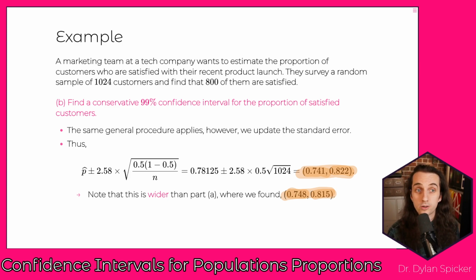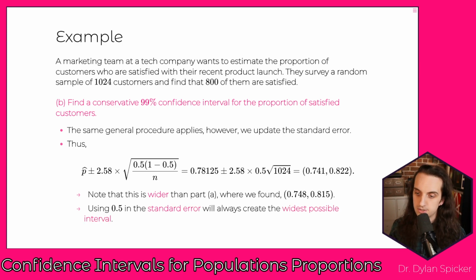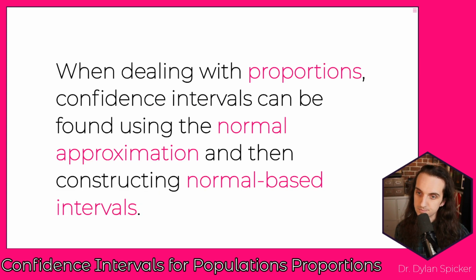And so if we're worried about this previous interval, then using 0.5 instead is going to give us a more conservative interval. It's going to allow us to be more certain that we're actually getting that 99% confidence that we want. So using 0.5 in the standard error is always going to create the widest possible interval for any value that we could plug into the standard error there.